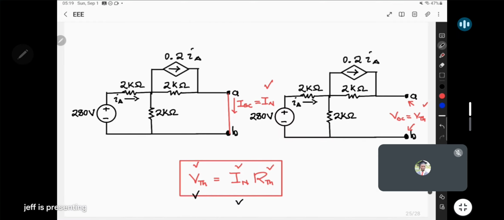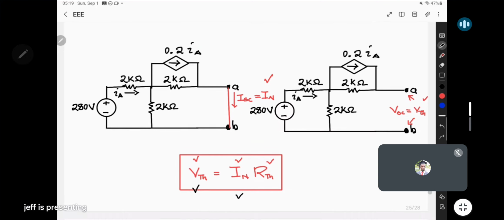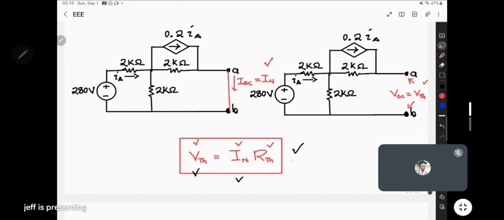But when there's a dependent source in play, well, this one here, it would be difficult for us to directly find the R Norton. So instead, we'll take advantage of this expression. So instead of finding R Thevenin or R Norton directly, since we already have I Norton, we'll first find V Thevenin and then take advantage of this equation to find what R Norton is going to be.